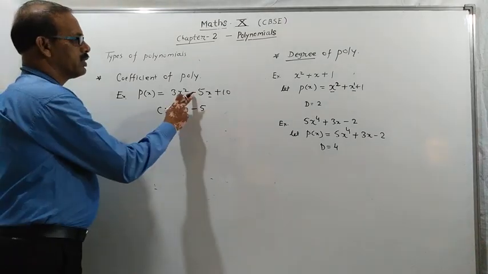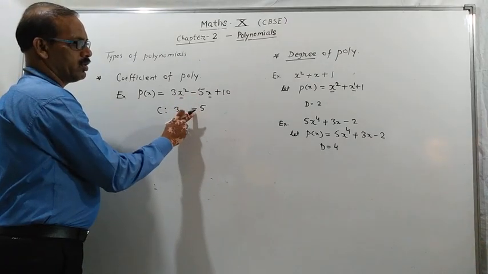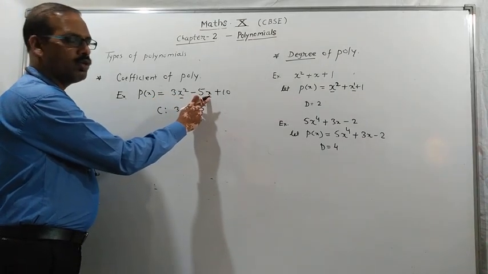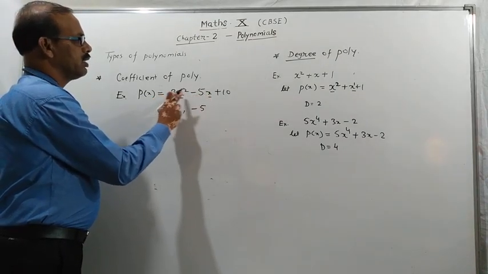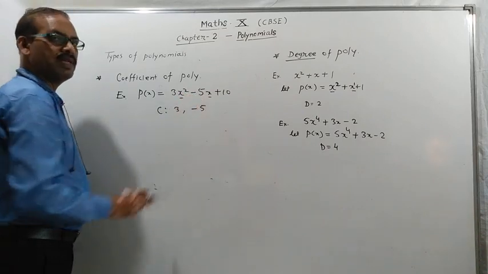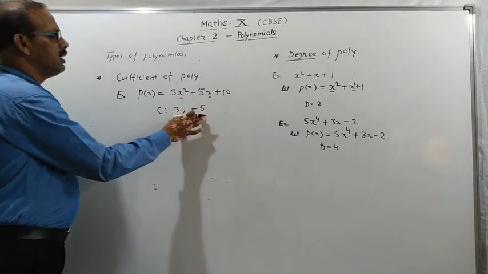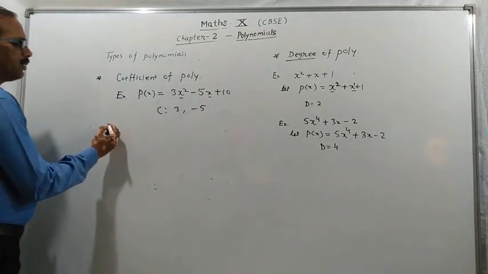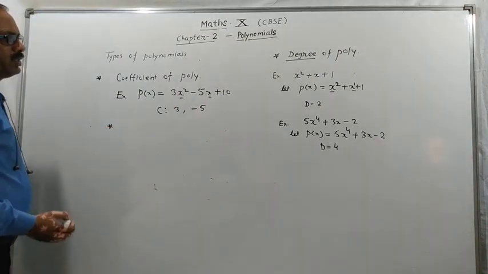We take the sign also. So we write all the multiples of the variables which are used in the polynomial, like 3, minus 5, along with the signs. So these are called the coefficients of the polynomial. We form so many examples to find the coefficients.